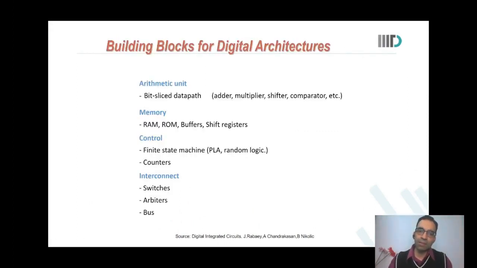And in this data path, you will have, for example, adders, multipliers, shifters, comparators, etc. The control part would have finite state machines, counters, and so these are the different components that you will see in this digital processor, let us say. Memories and interconnects with arbitration units and buses and switches and so on.